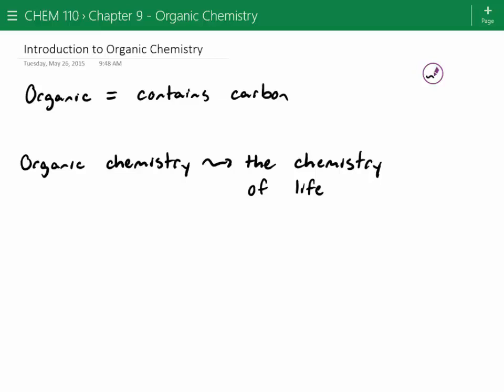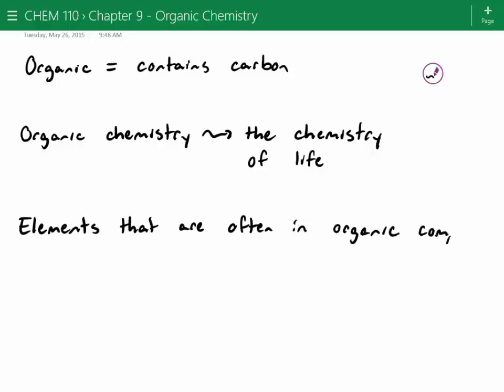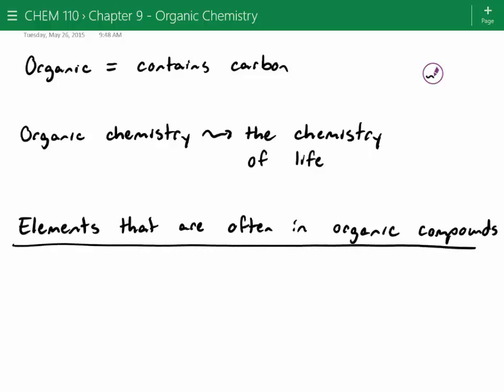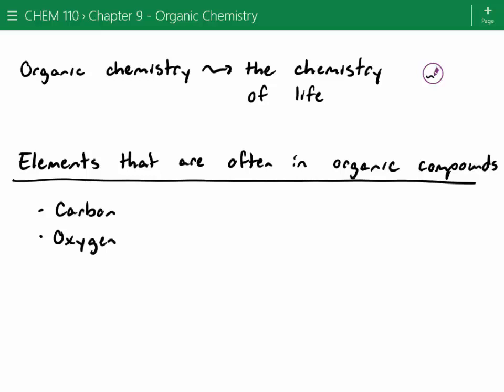All right, so let's make a list of compounds or elements that are often in organic compounds. The first one is obviously going to be carbon. We've got oxygen. What are some other ones?